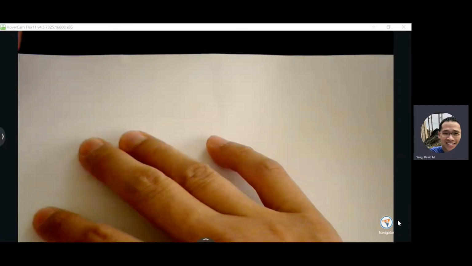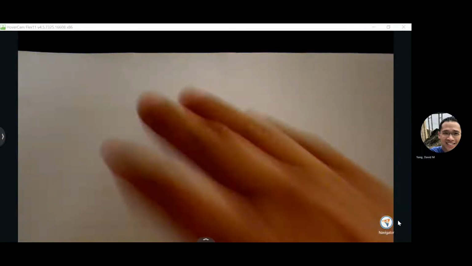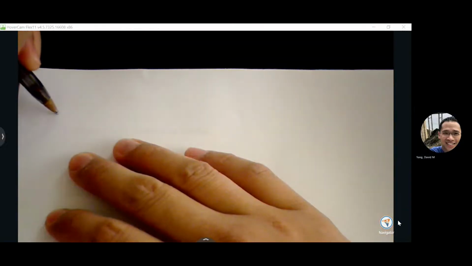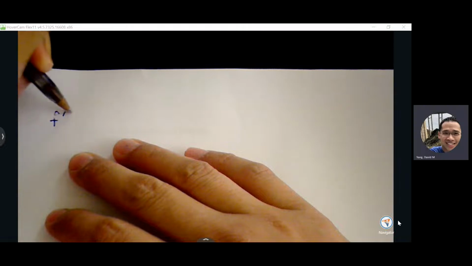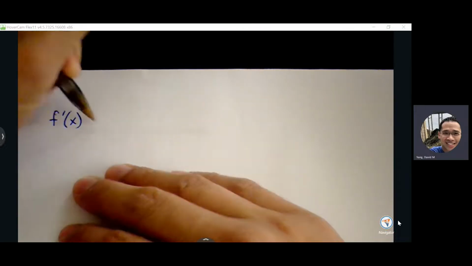Okay, so let's say I gave this sign line to you, because you can build the sign line. You just don't know how to sketch the graph, like at the very end. Okay, so let's say my f prime sign line looks like this.